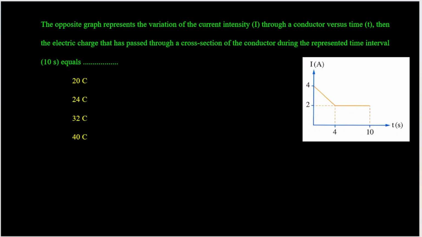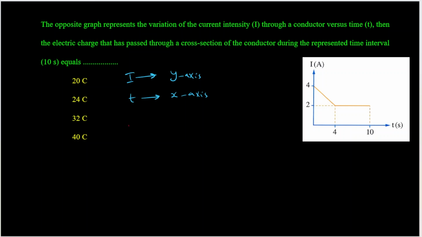For this question, the opposite graph represents the variation of the electric current intensity I through a conductor versus time t. Then the electric charge that has passed through a cross-section area of the conductor during the represented time interval, which is 10 seconds, is equal to what? Now, the value drawn on the y-axis is current, and that drawn on the x-axis is time.